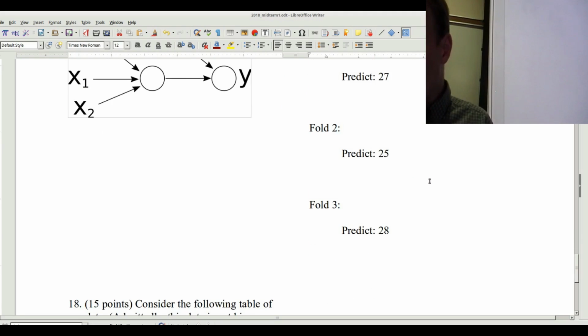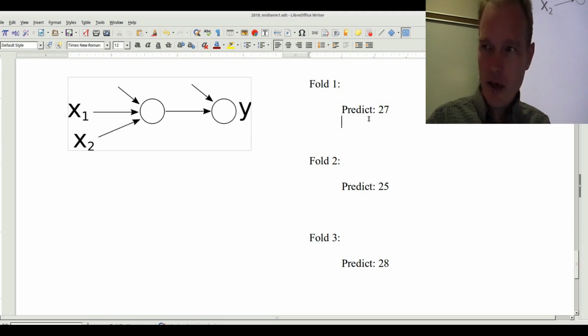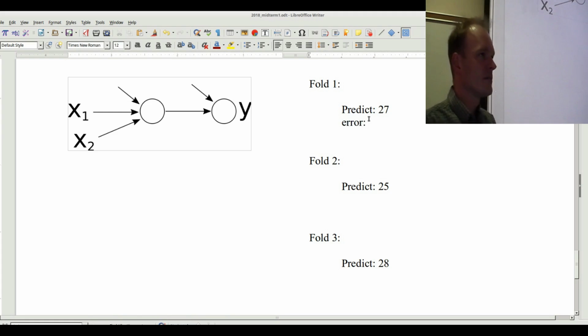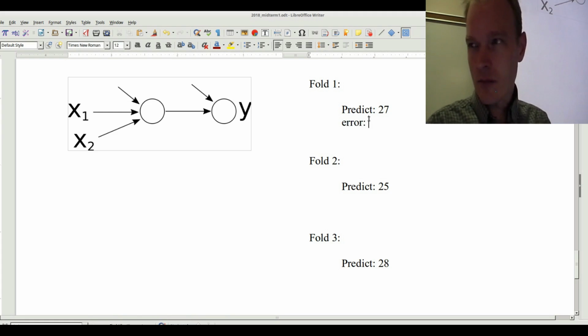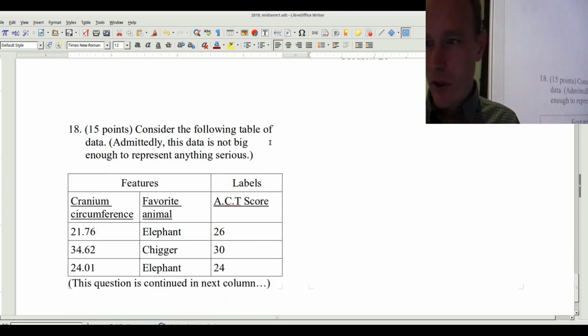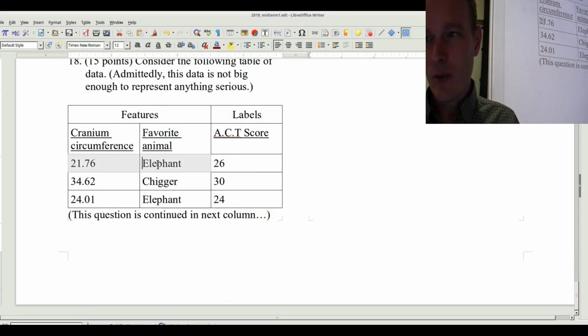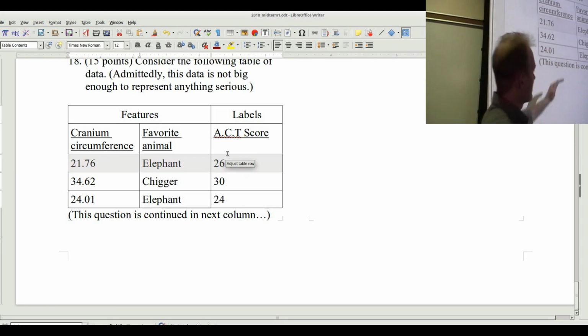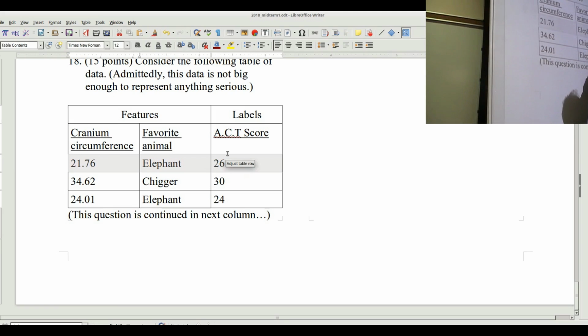Okay, so what will the error be? How do we define error? Target minus prediction? Sound good? Okay, so if we do that, then what will the target in fold 1 be? We're only going to test on this one pattern, right? If this is our only test pattern, our target is 26.